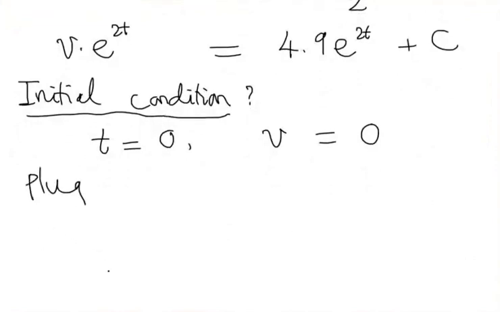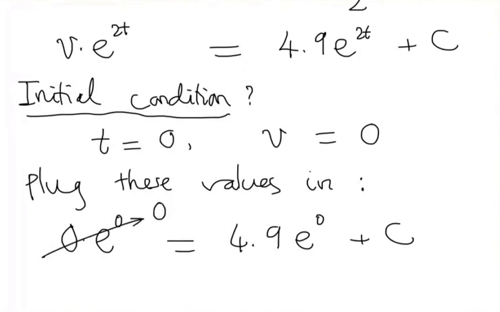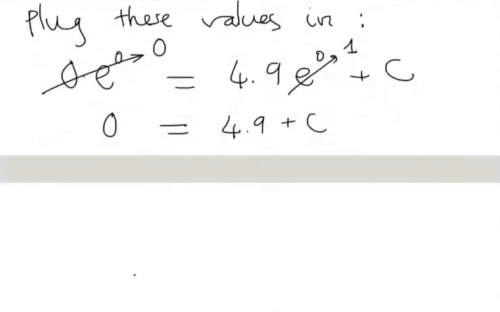Let's plug these values in, and we get what? On the left side we have v of 0 and then e to the 0, equal to 4.9 e to the 0 plus c. 0 times e to the 0 is 0 and e to the 0 is 1. What we get is 0 equal to 4.9 plus c, and from here c equals minus 4.9.